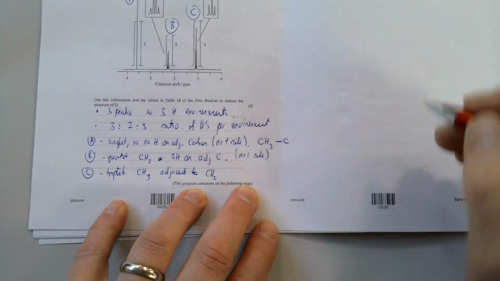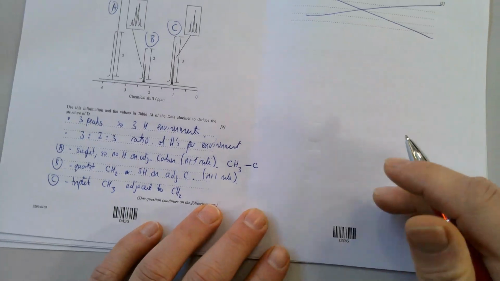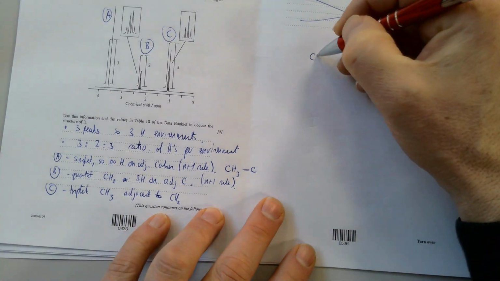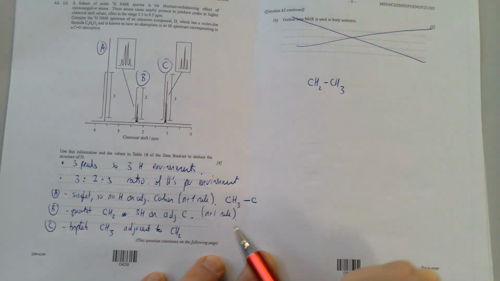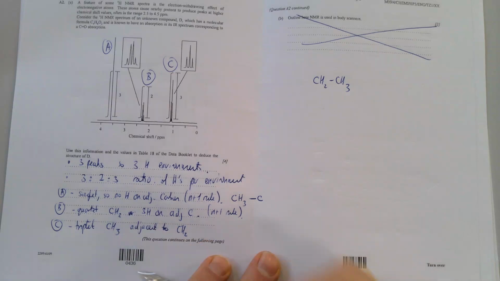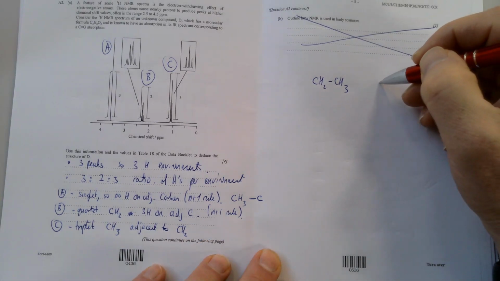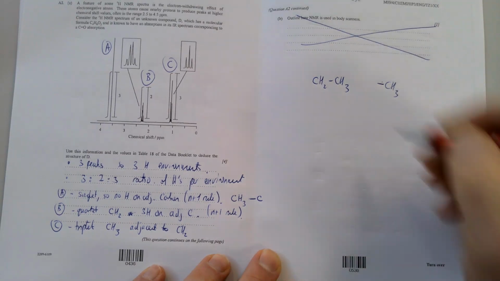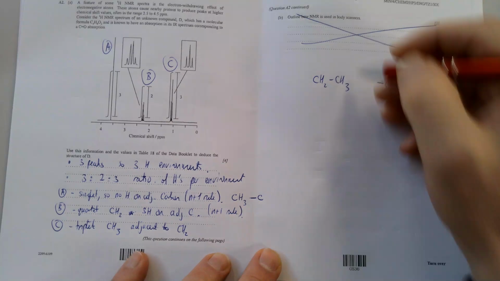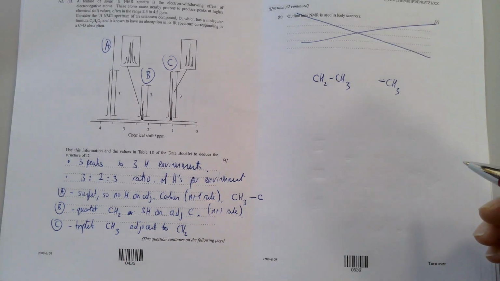So already, on my scrap paper, I'm going, all right, well, I know there's a CH2, CH3 in there, because the CH2 must be attached to a CH3, and there's another CH3 which is attached to a carbon with no hydrogens on it.